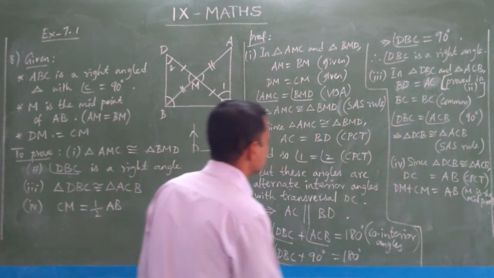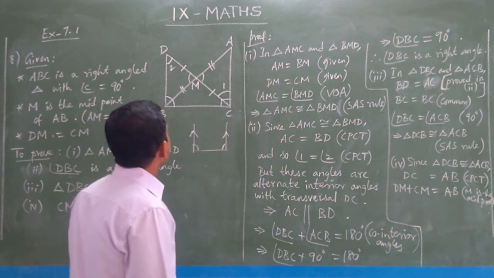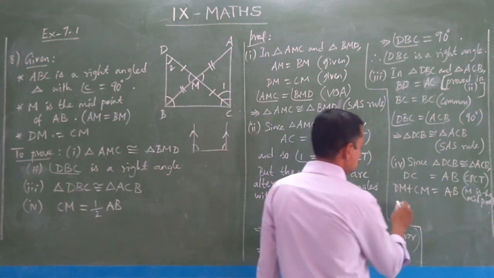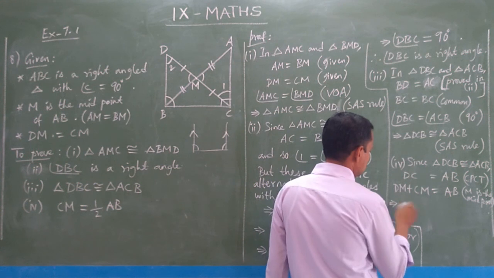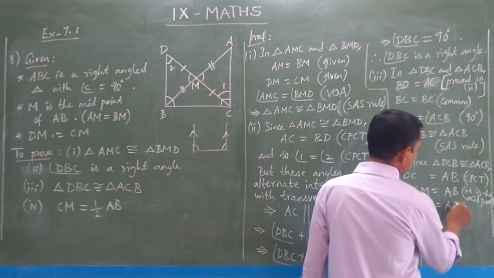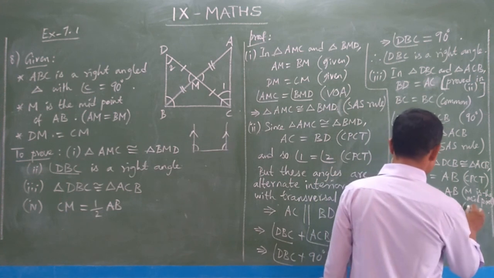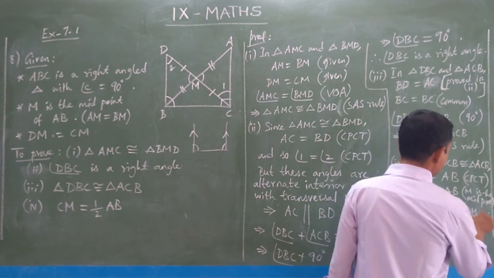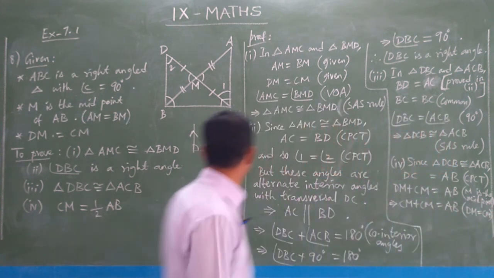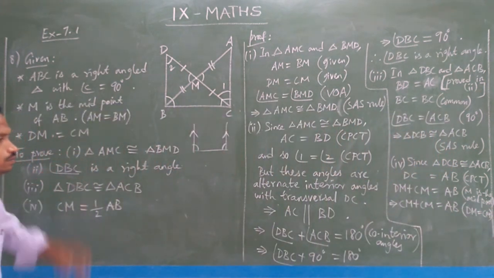And now, DM and MC are equal. So we can write CM instead of DM: CM plus CM equals AB, because DM is equal to CM, it is given.